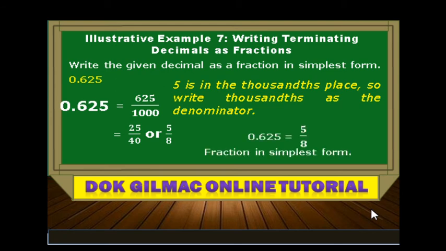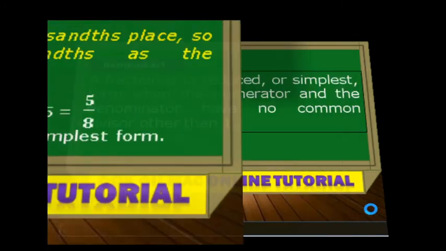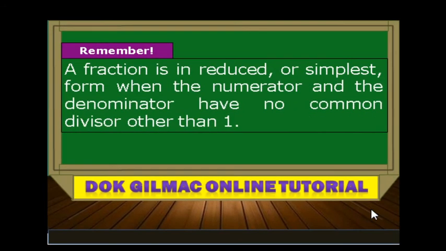Take note, 0.625 is just equal to 5 over 8 fraction in simplest form. Remember, a fraction is in reduced or simplest form when the numerator and the denominator have no common divisor other than 1.